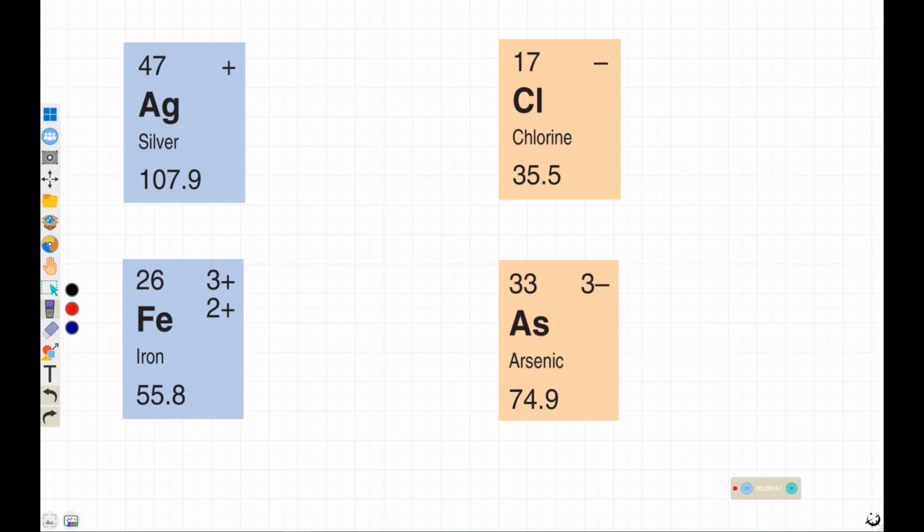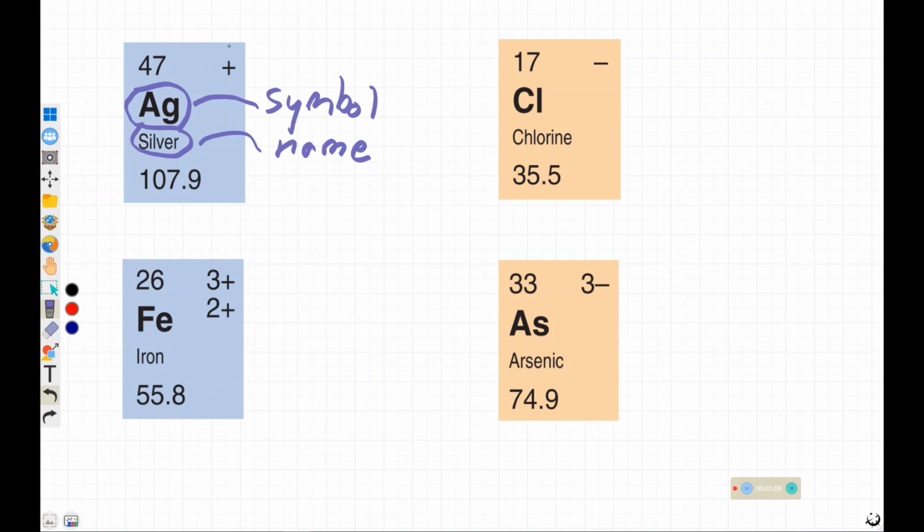The main bits of information that will be helpful for your chemistry assignments will be the symbol and name of the element. So this one, that's what we call the symbol. And then, of course, we've got the name underneath that.